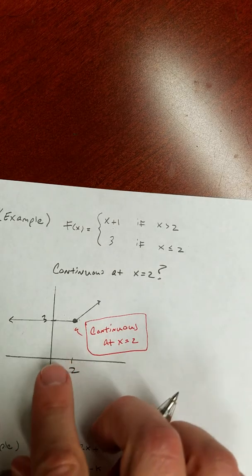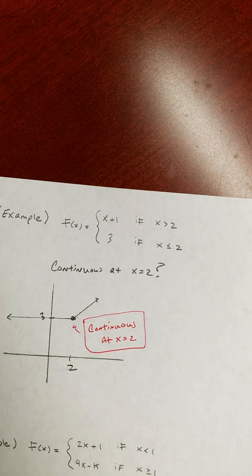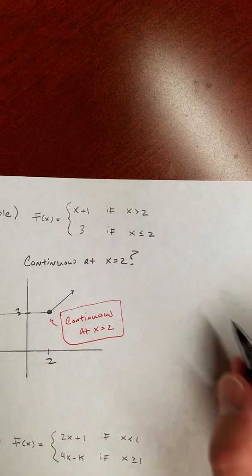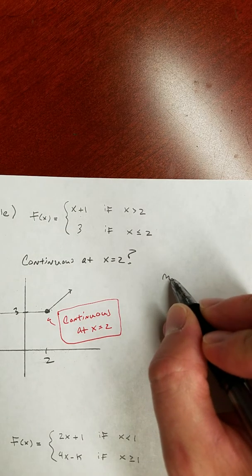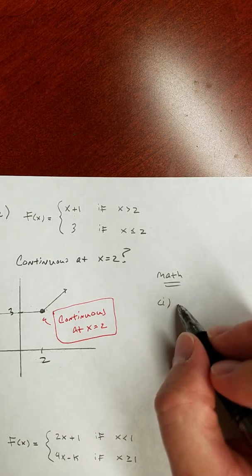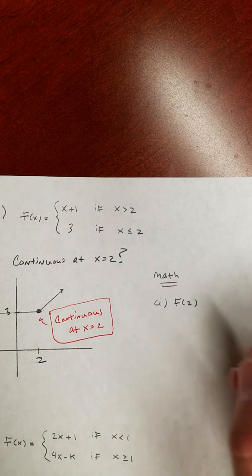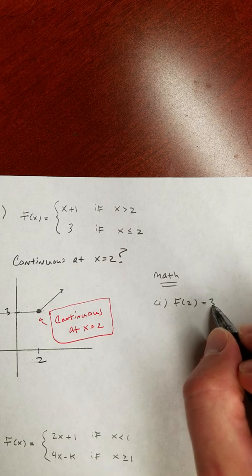There are no missing points, there's no hole, there's no break in the graph, it's in one solid piece. So what's the math that we need to learn to support that? First thing that has to happen, f of 2 has to have an answer. F of 2 is 3.